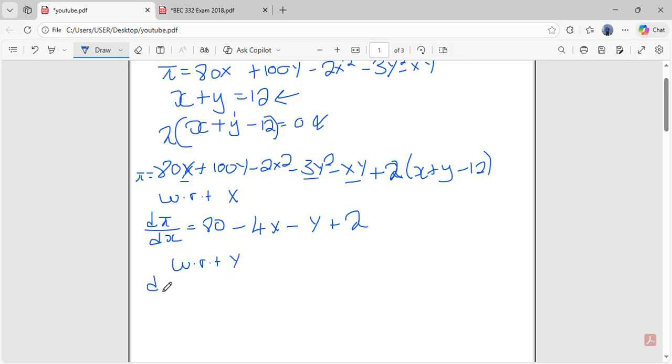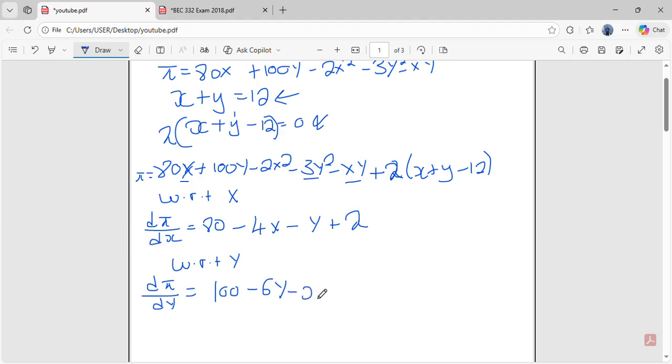So it will be d pi over dy, which will be equal to the derivative of 8x, 0. The derivative of 100y, it will be what? 100. The derivative of 2x squared, it will be 0. The derivative of negative 3y squared is 6y. The derivative of negative xy will be what? y.